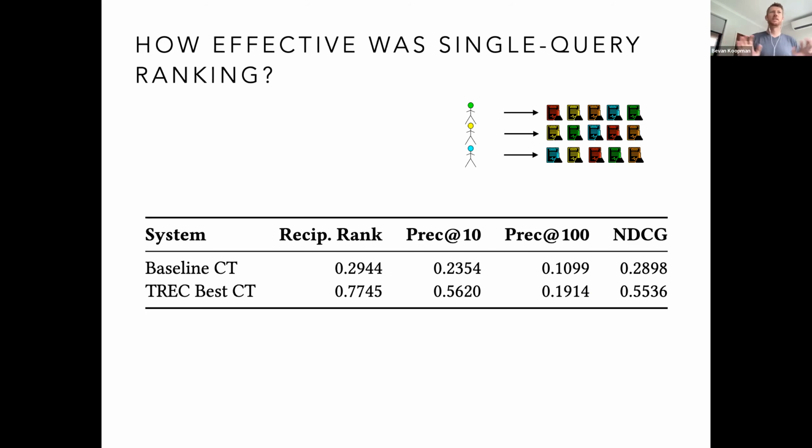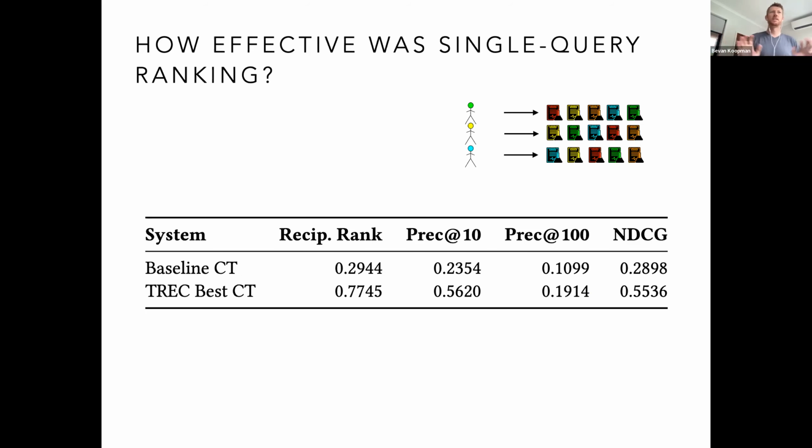Now, when we saw this, we thought that when you're fusing those into a single ranking, you would again see a big difference in the next task. But that wasn't actually the case, which was somewhat surprising to me at least.